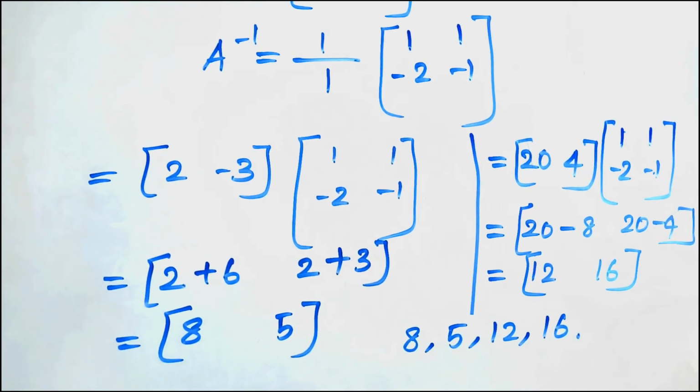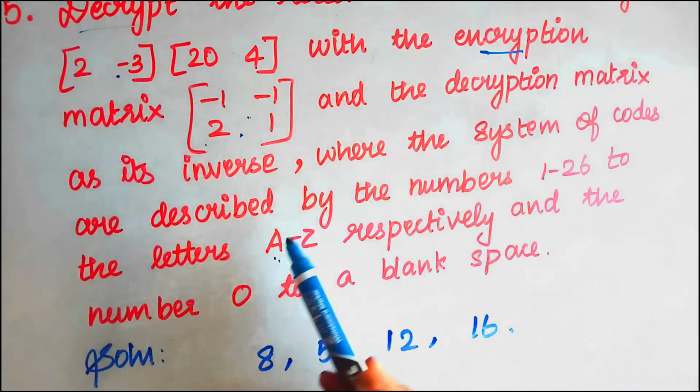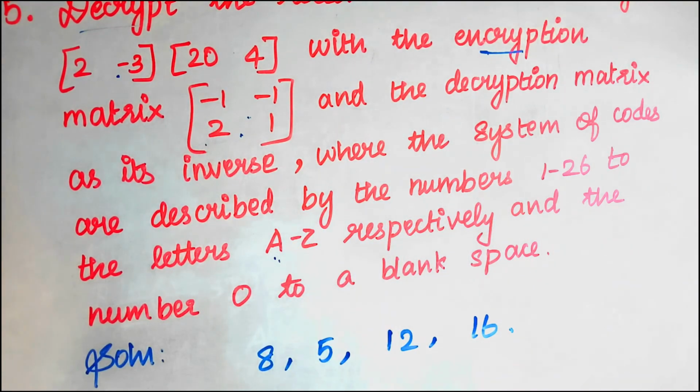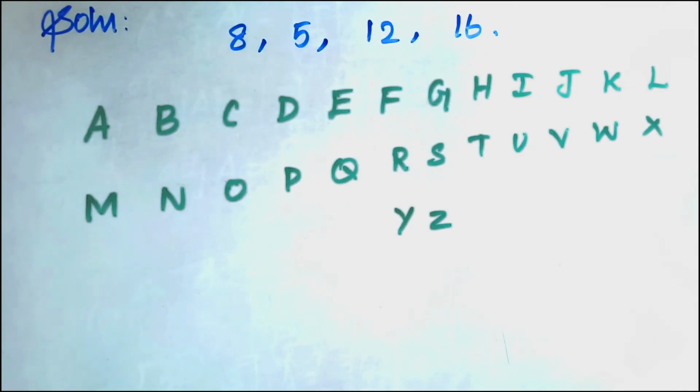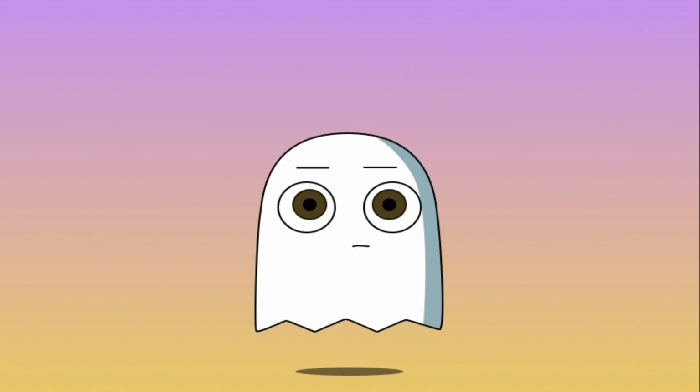And now it's time to find the hidden message. For finding that code, we have to use numbers and letters. This is given, right? So first we have to write the letters, and then you have to put the numbers. Now let's find the coded message.